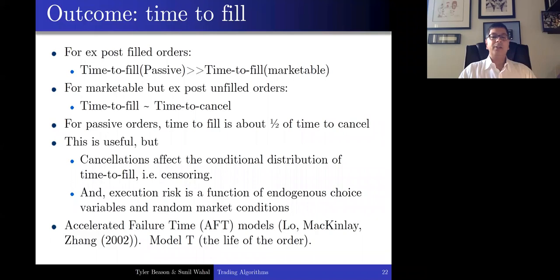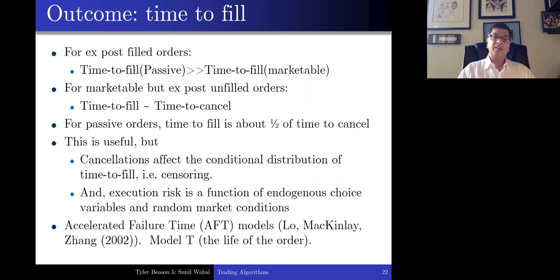The general point I do want to make is that cancellations here affect the conditional distribution of the time to fill. In other words, there's censoring going on, and that censoring is sort of important. Execution risk here is a function of not just the choice variables that the child order represents, but also random market conditions.